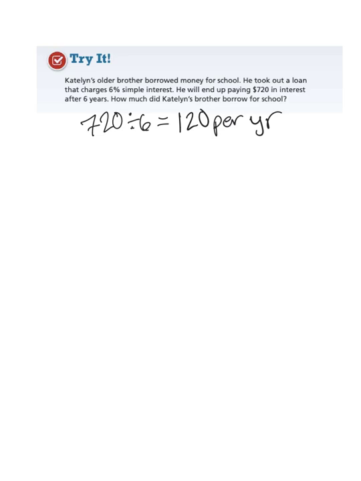Now we have to plug it in our equation. So our equation is the interest equals the percent or rate times the deposit. All right. So we have to change 6% into a decimal.